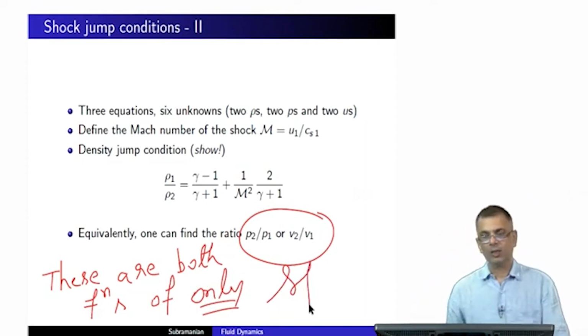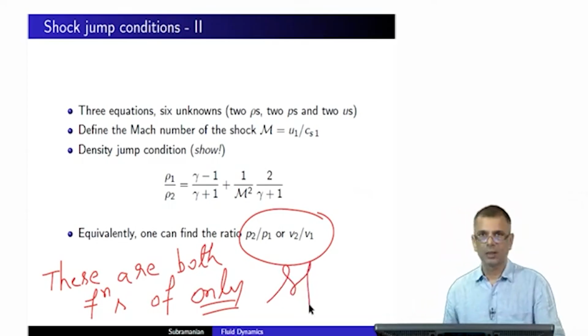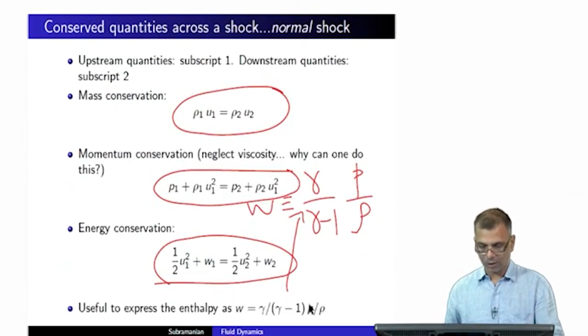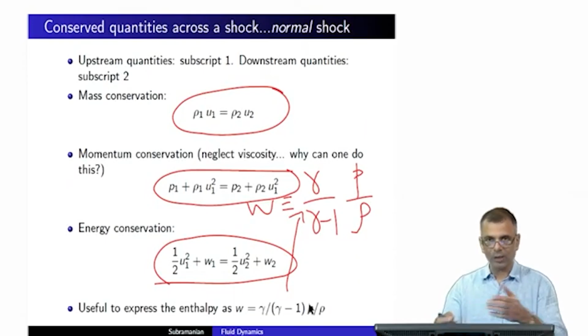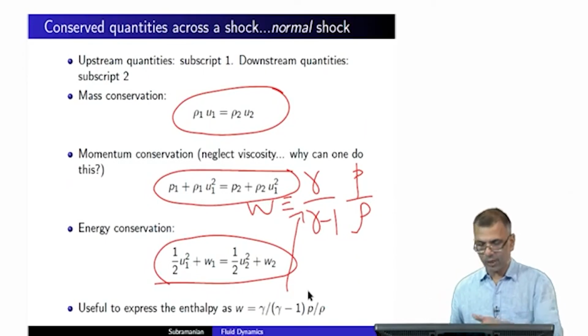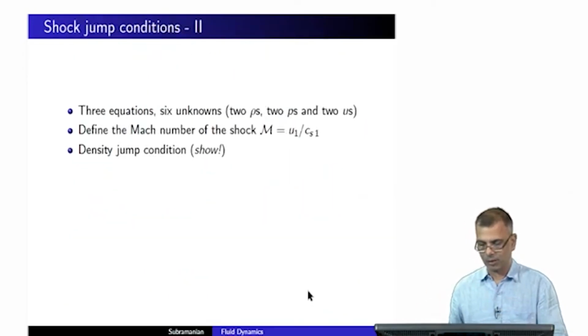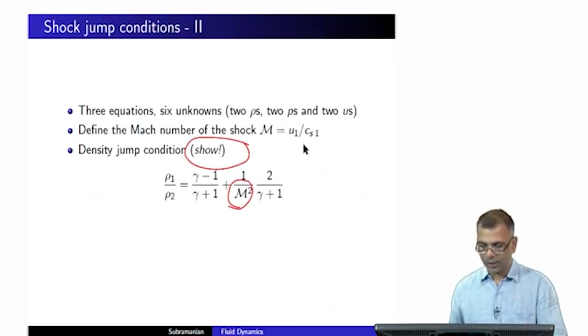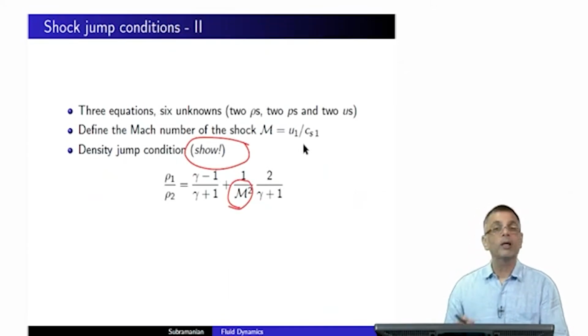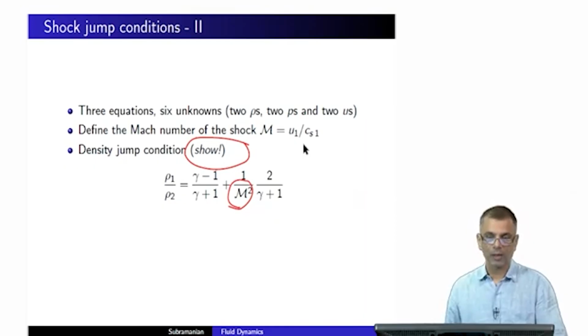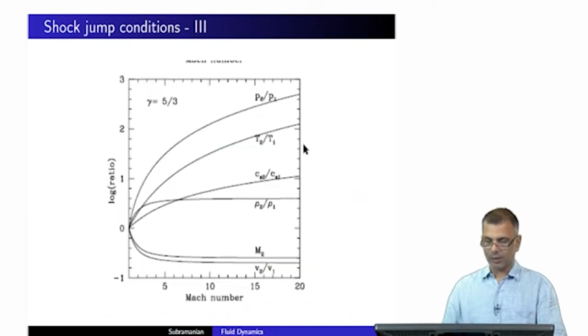The Mach number m is the only thing that matters. The Mach number does not explicitly appear in these equations, but you can play a little bit and recast these equations in terms of the Mach number. You'll find that this is how it appears. And this is the plot.